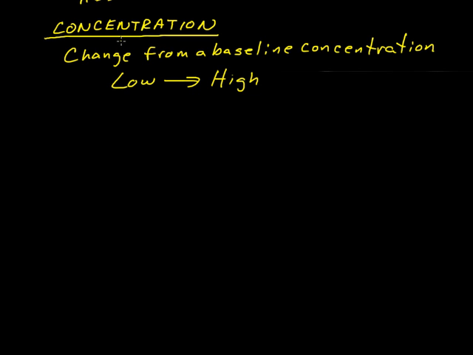Concentration must be very precisely controlled because, again, in order to be energy efficient, the plant uses very low concentrations or very slight upticks in concentrations to send messages from one part of the plant to the other. And the other main factor is sensitivity. This has to do with the fact that not all tissues in the plant are going to respond the same to the same change in concentration.